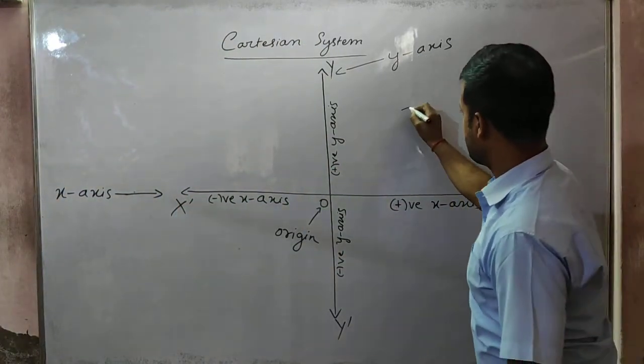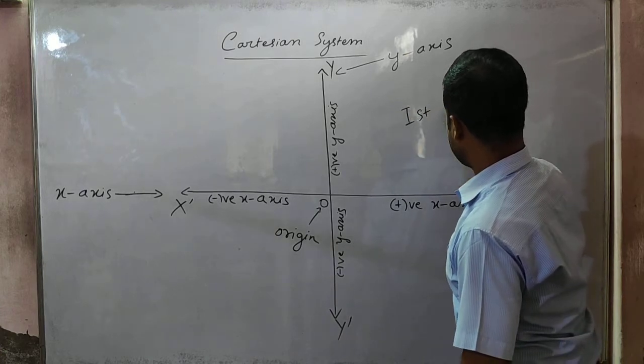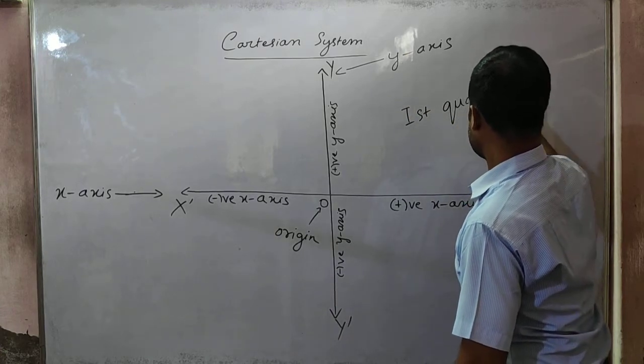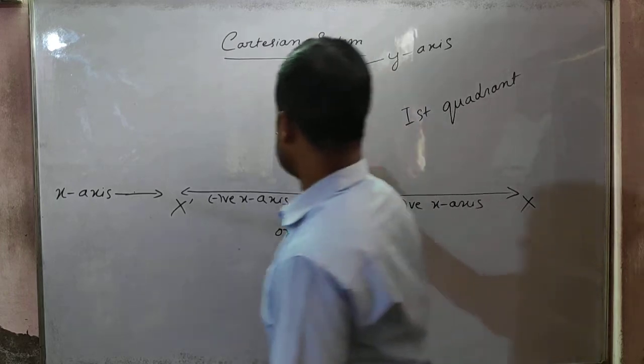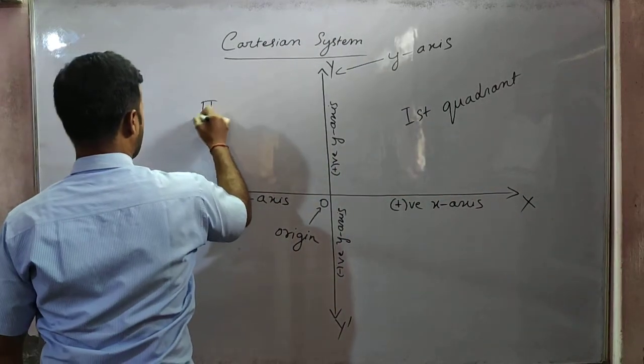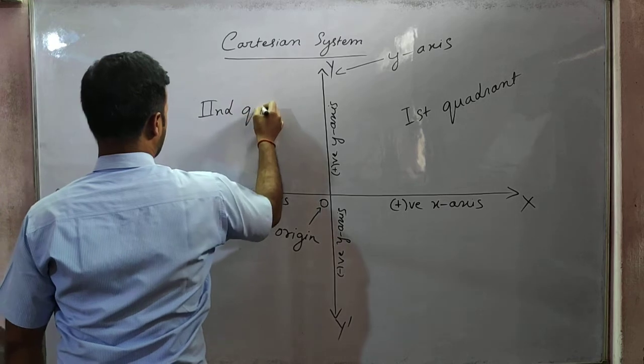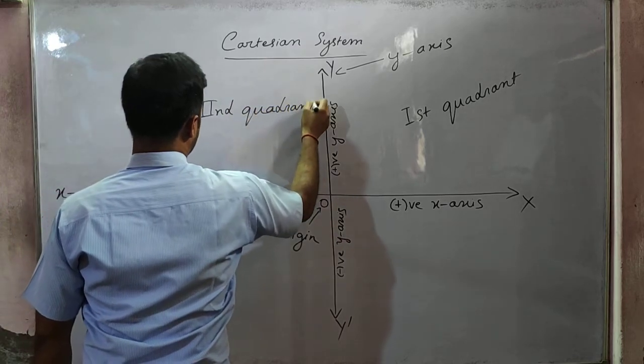This is called the first quadrant. This is called the second quadrant.